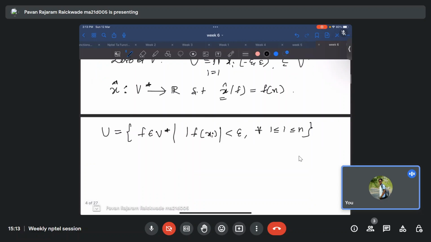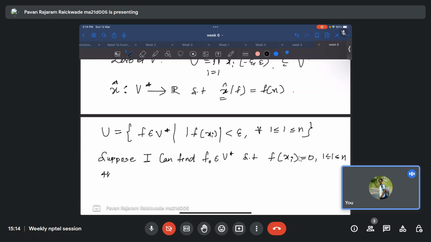Suppose these are the finitely many points xi from 1 to n. Suppose I can find a functional f naught in V star such that f at xi is 0 for i from 1 to n.